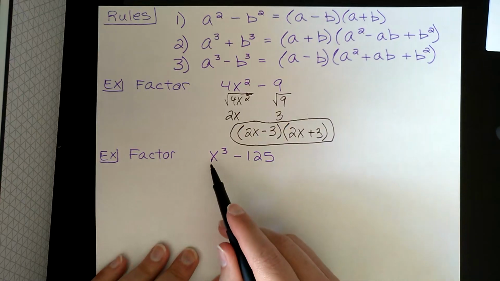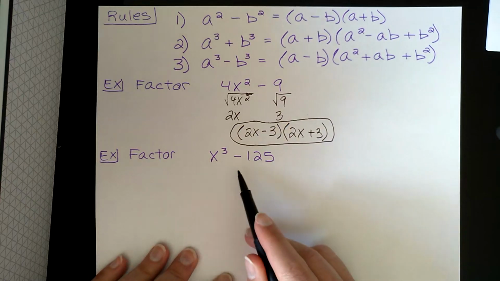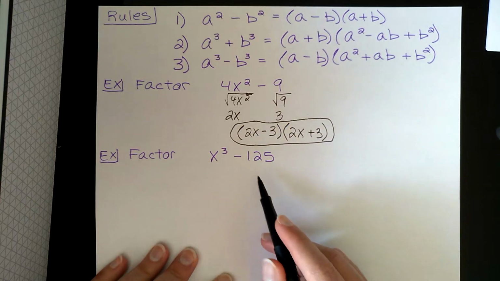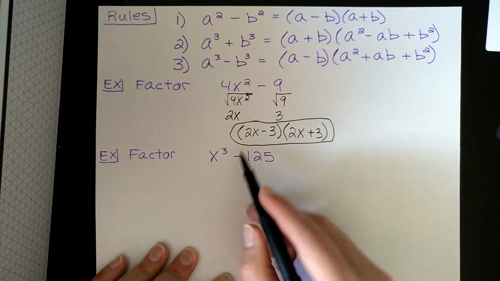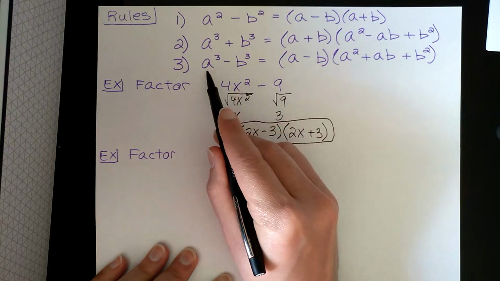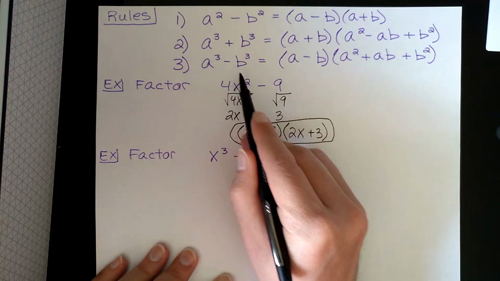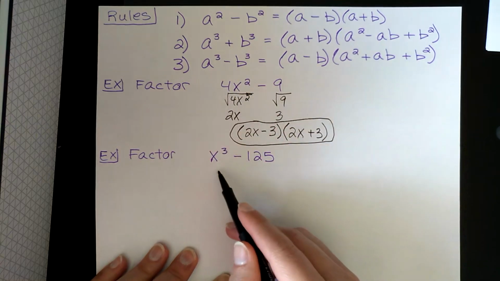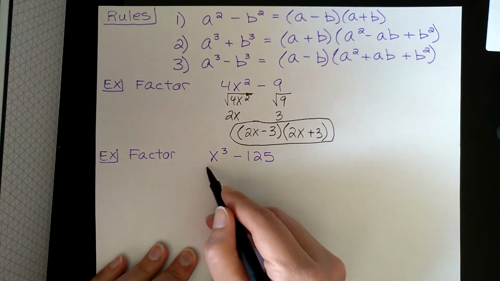From here, we now want to factor x cubed minus 125. So to do this problem, hopefully it's going to match up with the third case, a difference of cubes. We just need to check if the cube roots exist.